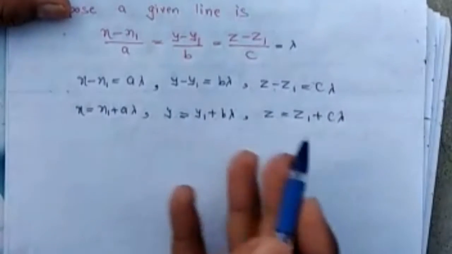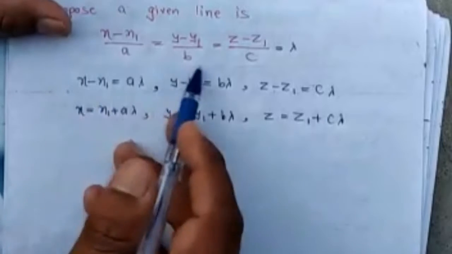This point x, y, z represents any point that lies on this line.